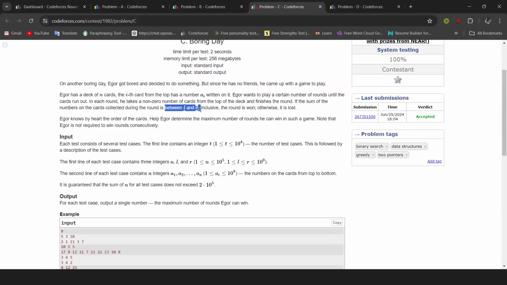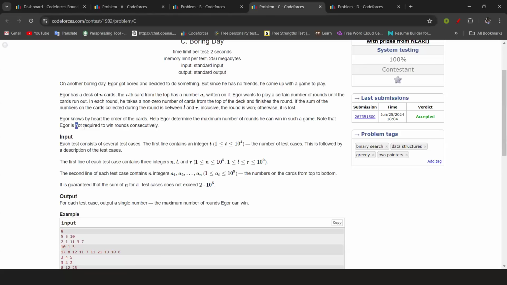Again, he would repeat this process until there are no cards left. And you have to determine the maximum number of rounds he can win. So you have to pick the cards optimally so that the number of rounds he wins is maximized.